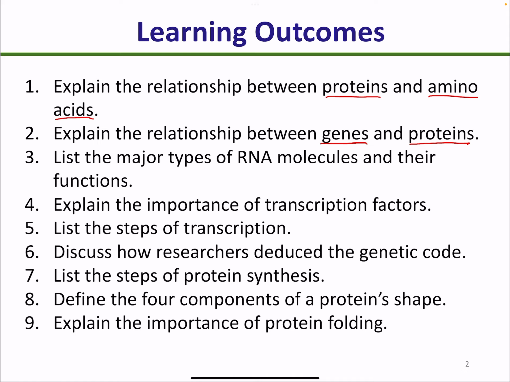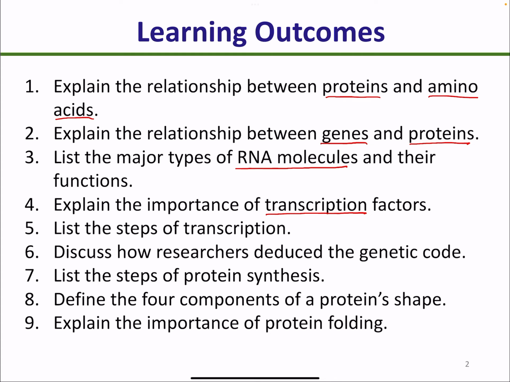What are the different types of RNA molecules and what is their function? What are the transcription factors? Because yes, you have transcription, but what are the transcription factors that control the production of the transcript, right?